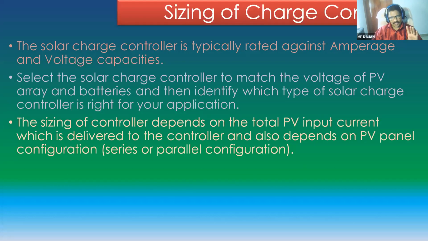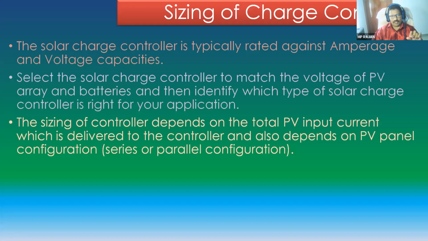Suppose you have 5 modules, the ISC short circuit current of one module is 10 amperes, and all five are connected in parallel, then the total current will be 5 into 10 amps, 50 amps. That is the worst case and it may not flow in most cases, but when selecting a charge controller it should be able to withstand 50 ampere current.